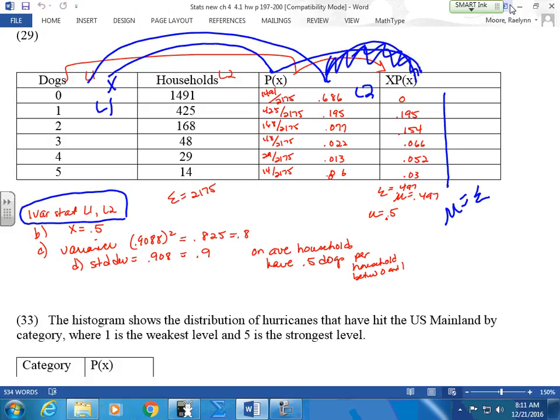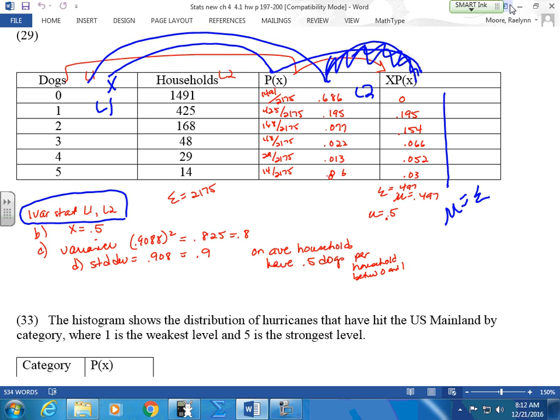My average can come out a half a dog, but my counting of them is a discrete variable. You have 1 dog, 2 dogs, no dogs, 5 dogs, 10 dogs, but you can't have a 0.5 dog. But when we take an average, you can have a 0.5 dog. So somewhere between the 0 and the 1, people have dogs.